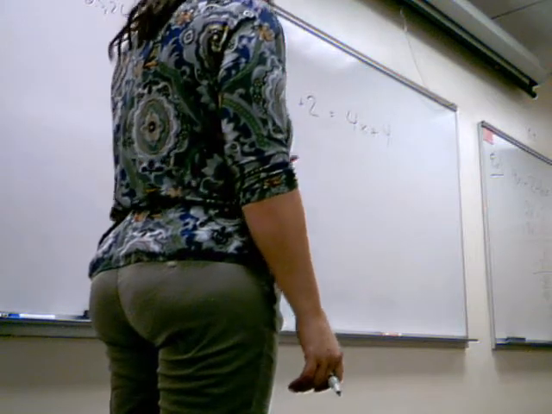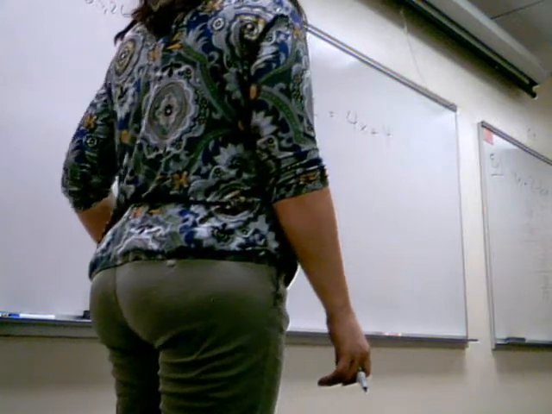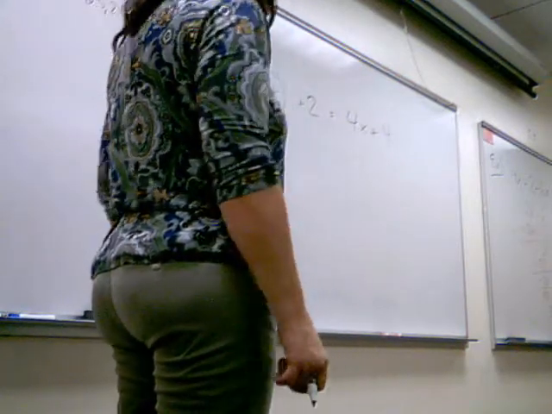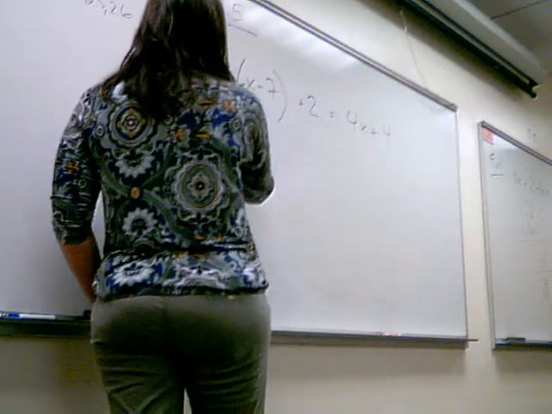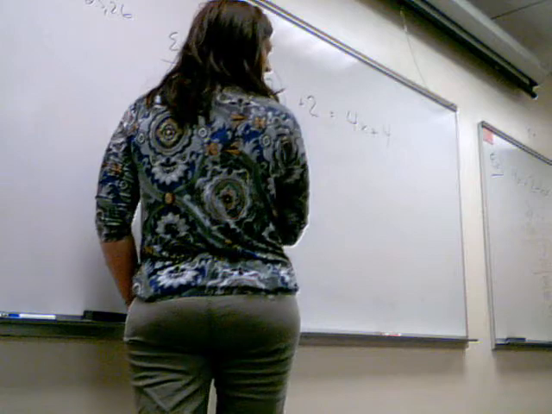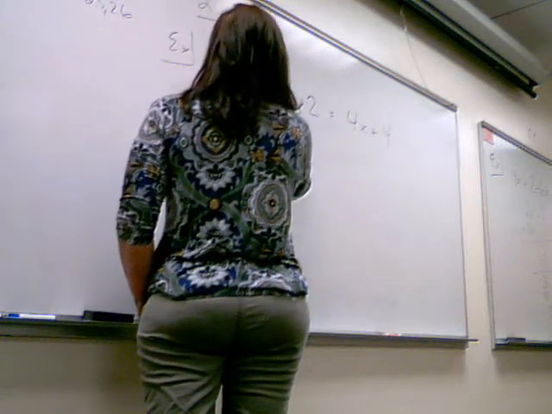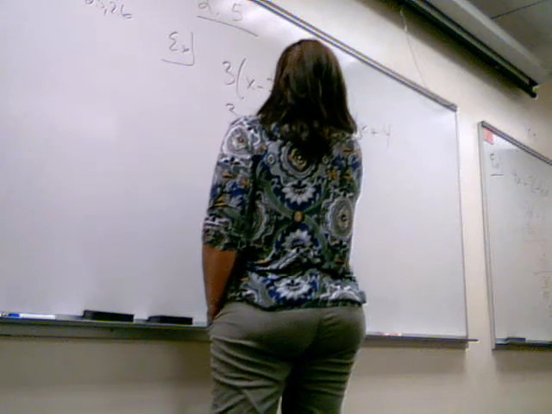So this one's not too bad. Only one more step than the last one. So I need to distribute first because I have those parentheses, right? So when I distribute this 3 through, what am I going to get? 3x minus 21, right? 3 times 7, 21.